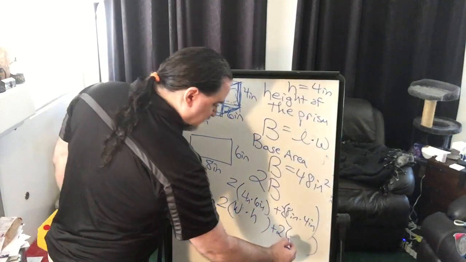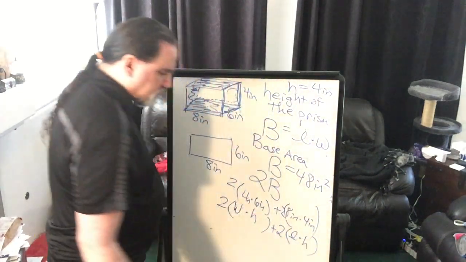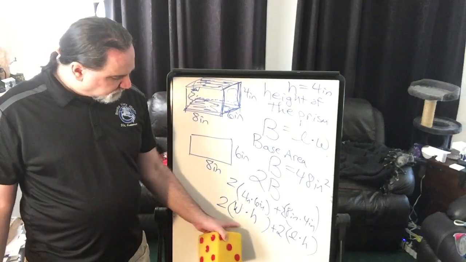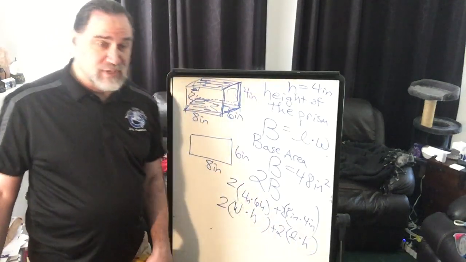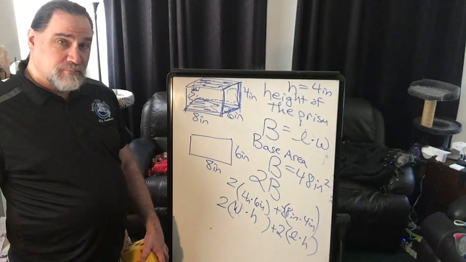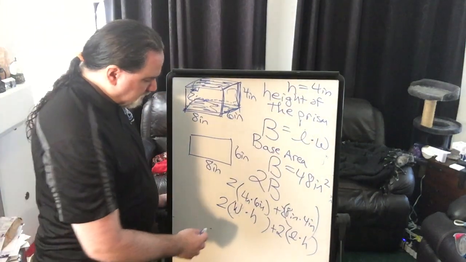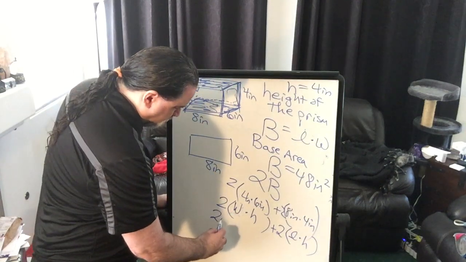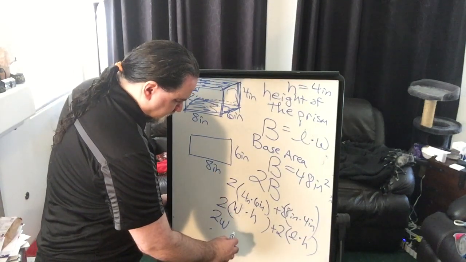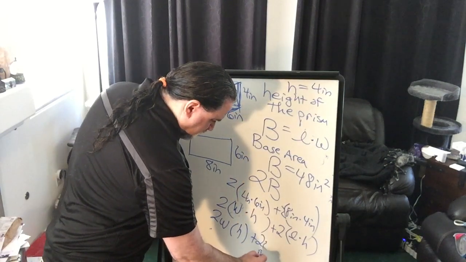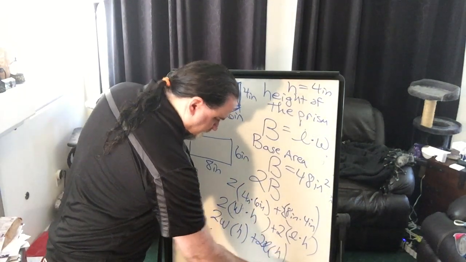Width times the height, and this would be the length times the height. So we have 2 times the width times the height, and 2 times the length times the height. Okay, well, what does that mean to us? Well, 2 widths times height plus 2 lengths times height.